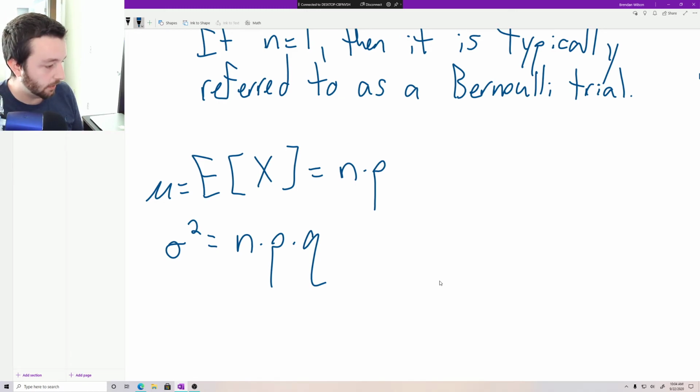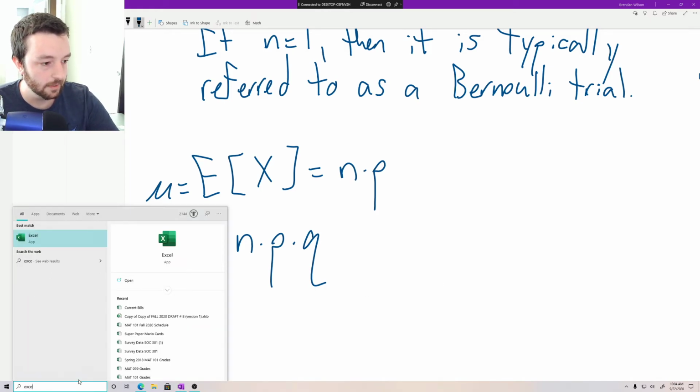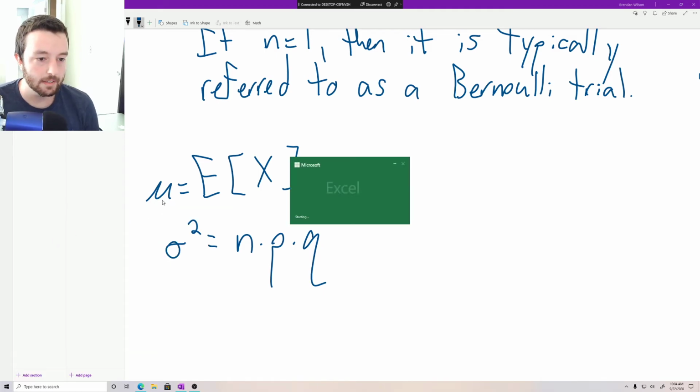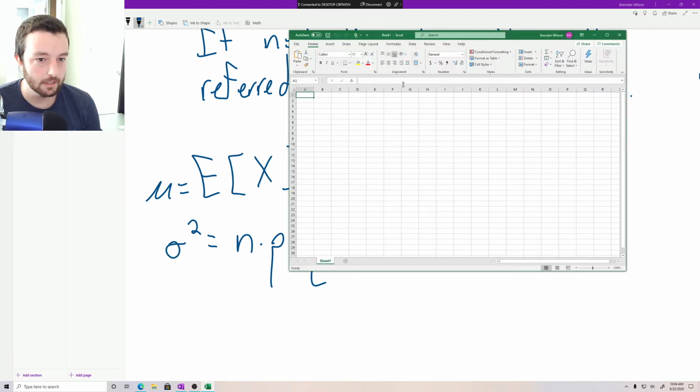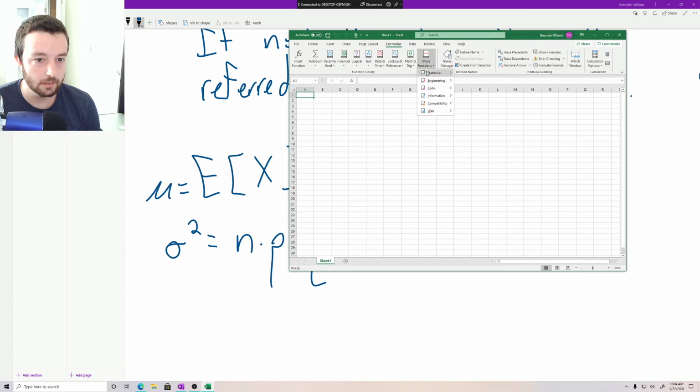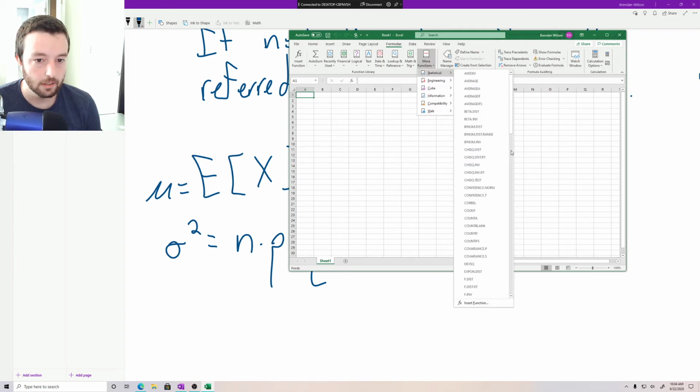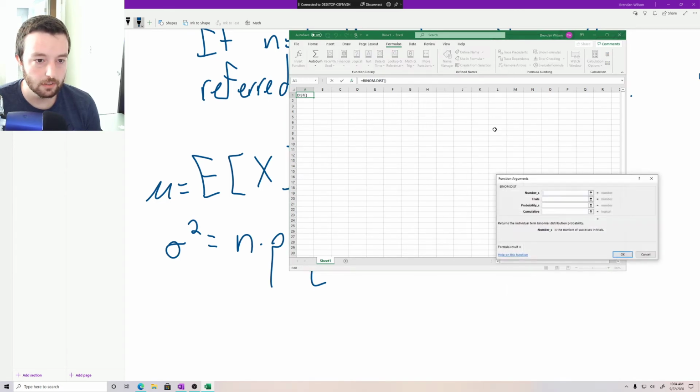I just want to show you what these are. I'm not positive if Excel has anything to handle this. Let me take a look here. Yeah, here, binomial distribution. So you can write the number of successes in trials.